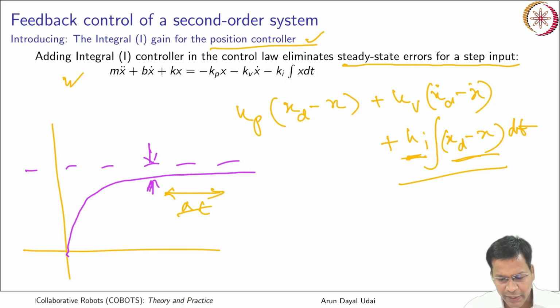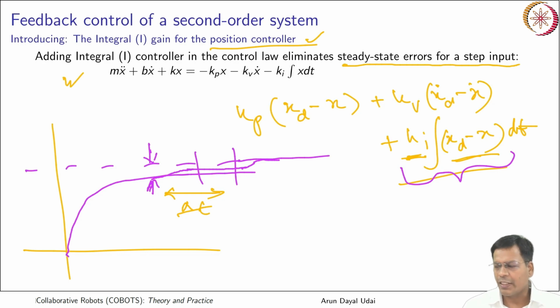So it will further take it to your desired input. If again it has seen error over a period of time, again it will take it to the desired signal. Finally, it reaches the actual value. So this is what it is intended for. This term integrates the error over a period of time and does the final correction.